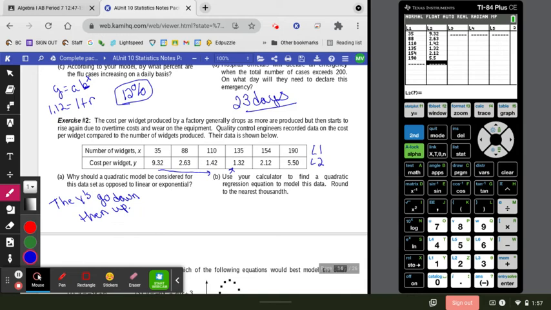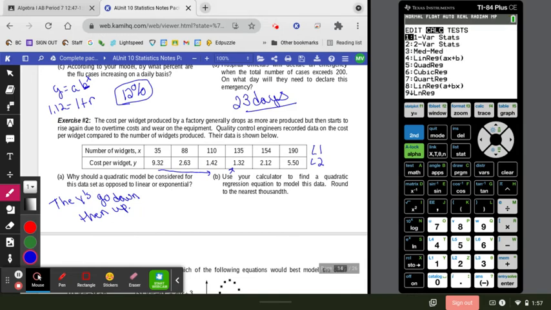So again, I put my list into list 1 and list 2. You go to stat, calc, and option 5 is quadratic. There's my list. And our equation, we're rounding to the nearest 10,000.